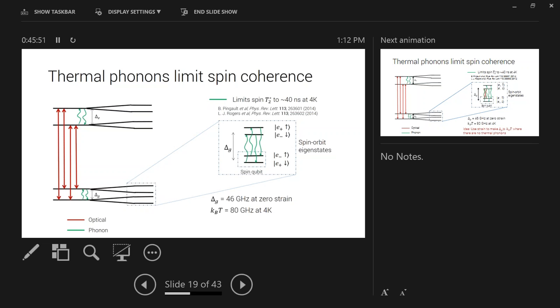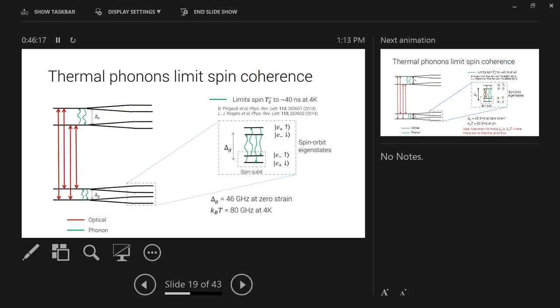We know there's this process which can connect levels that have the same spin but the opposite orbital character. So basically, lattice vibrations, because they couple to the charge distribution of the electrons, can kick you from one orbital to the other orbital, but they cannot flip the spin. There's no fundamental mechanism by which a vibration can flip a spin, right?